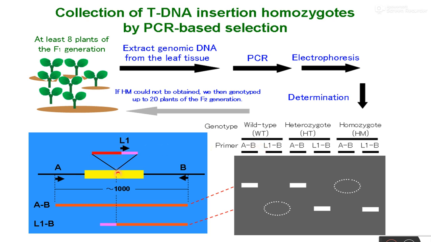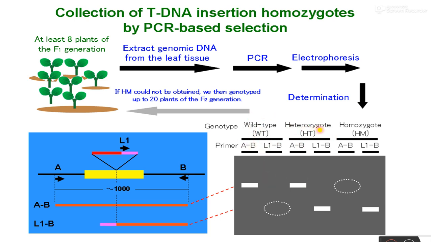So no tDNA has been inserted in both the homologous chromosomes in gene A to B. That's why this region is not present, and that's why L1 and B will not be amplified, and as a result of that we will not get any band here. So if only one band we are getting at 1000 base pair, then we can say that yes, this plant is a wild type line, right?